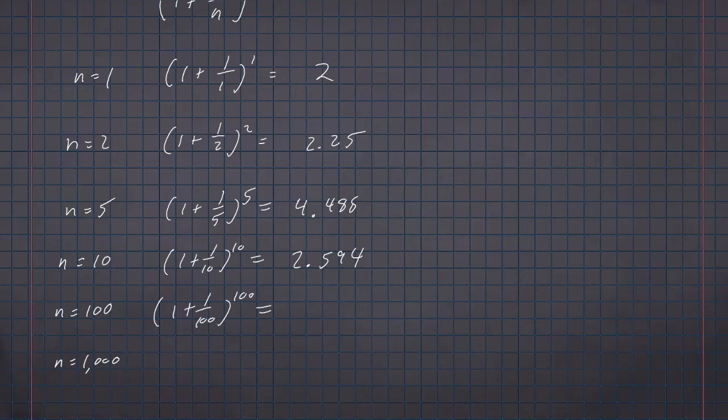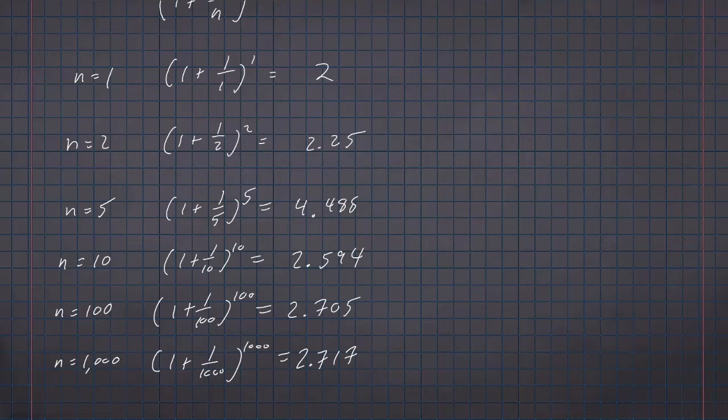(1 + 1/100)^100, my calculator tells me is 2.705. (1 + 1/1000)^1000, my calculator tells me is 2.717.